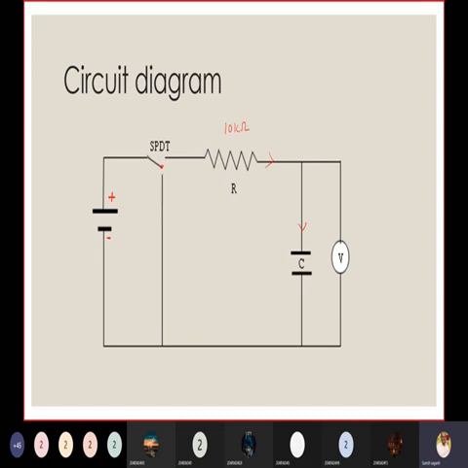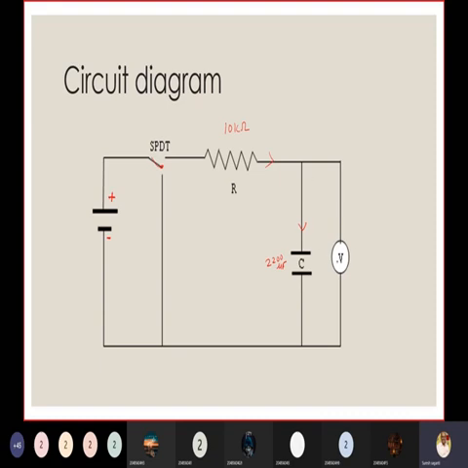If you throw this side, it is connecting the circuit. If you throw this side, it is disconnecting, that means short circuiting the path. That's why SPDT stands for single pole double throw. So 10 kilo ohm, and this is our 2200 microfarads capacitor we are using in this circuit.